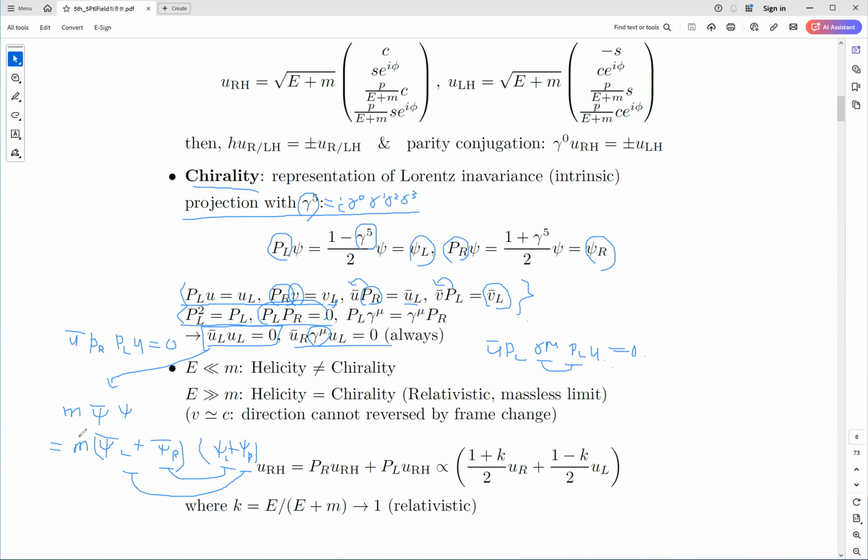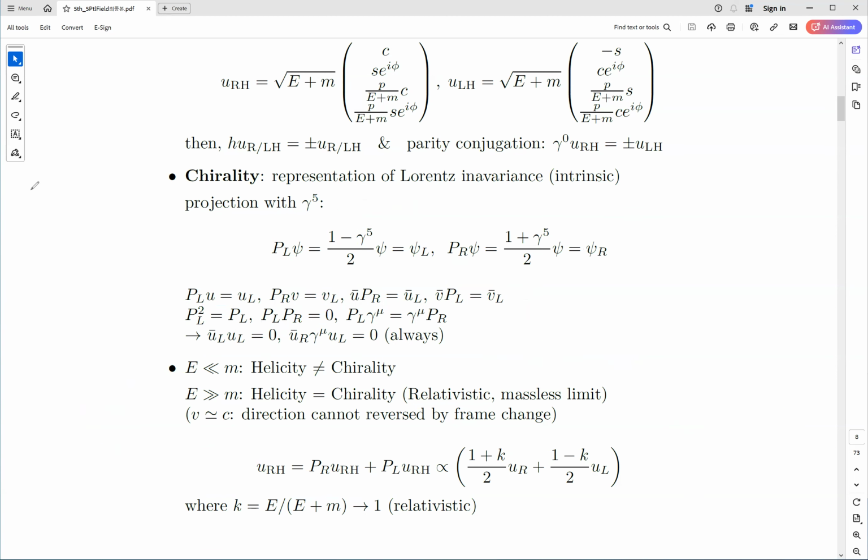So that was the mass Lagrangian. For the kinetic term, i psi bar gamma mu partial mu psi, the term psi_L bar gamma mu partial mu psi_L is always allowed.